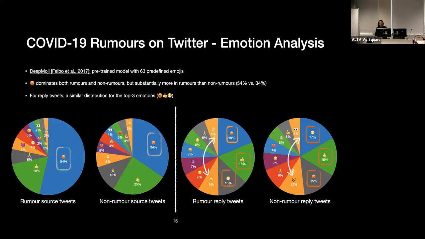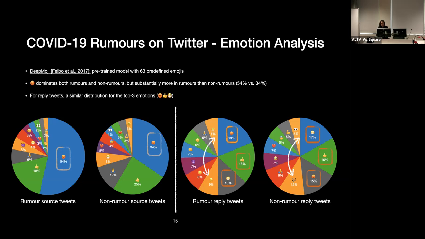For the emotion analysis, we use DeepMoji, a pre-trained model with 63 predefined emojis. You give it a piece of text and it predicts the most likely corresponding emojis based on the text input. We found that in both rumor and non-rumor source tweets, the angry red face is dominant. For the replies, the top 3 are the same, but if we look at the left part of the pie chart, it's quite different.